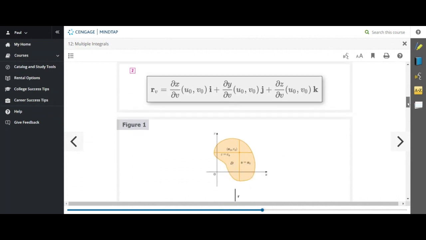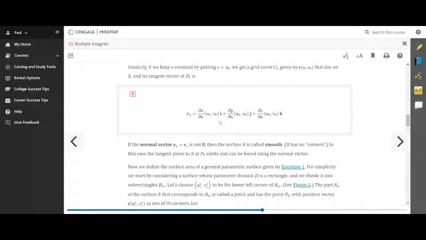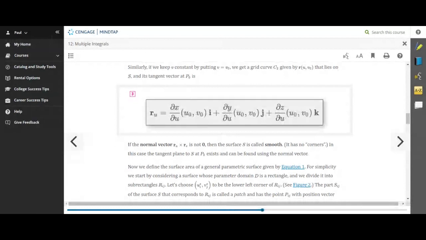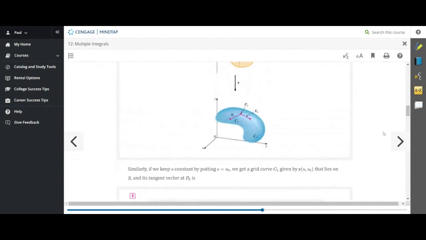The other tangent vector, r sub u, you're holding the variable v constant. It equals v sub 0. You're differentiating the components all with respect to u, and then you're putting in u sub 0, because u sub 0 and v sub 0 correspond to that point p sub 0 on the surface. And there are your two tangent vectors.